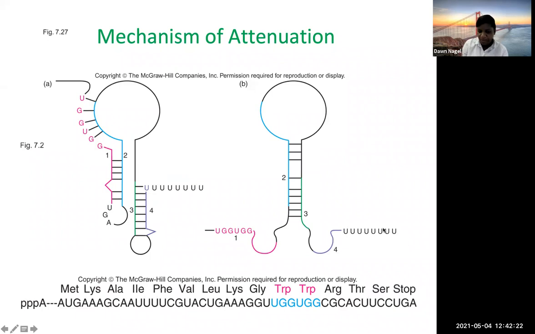So the cell needs to find a way, because this is the normal mechanism that will happen within that region. The cell needs to be able to override this attenuation, this repression, depending on whether you need to make tryptophan or not. So it really needs to be controlled.